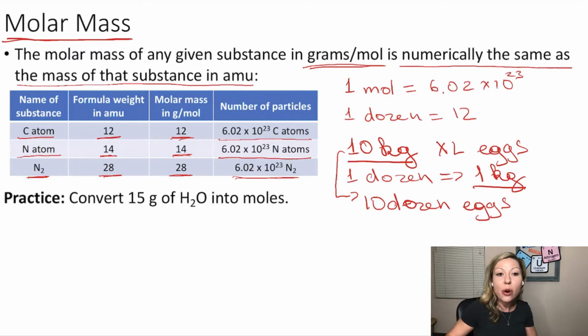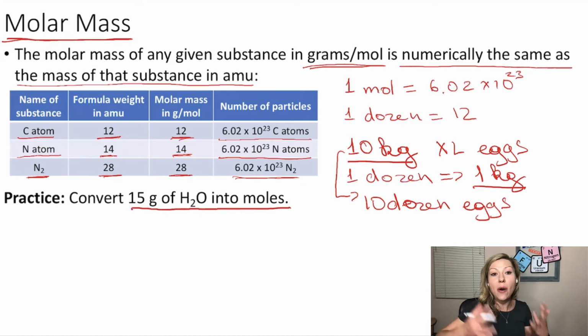Let's try to convert 15 grams of water into moles. So how many moles of water do I have if I have 15 grams of water? Well, in order to do that, I first have to figure out the molar mass of water. To do that, I need a periodic table. So I know that in water, I have 2 hydrogen atoms and 1 oxygen atom.